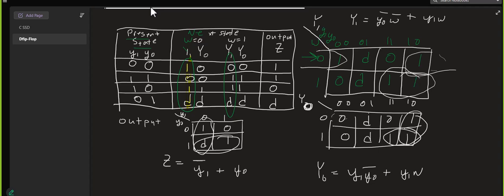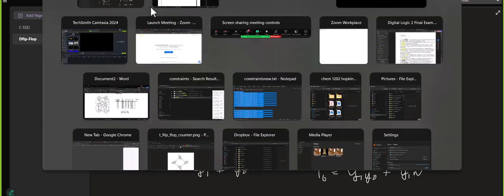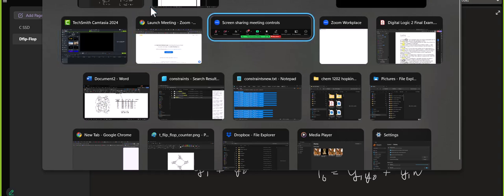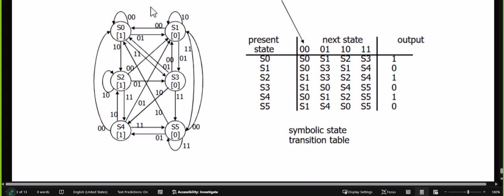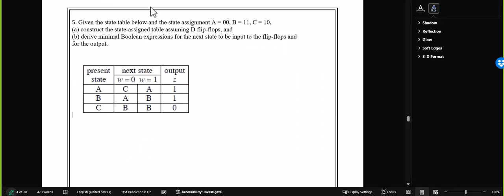Wait, on Y0? Yeah, because I did it as Y1, Y0. Okay, swap it up. It's just so easy to make a mistake. It is very easy to make a mistake.